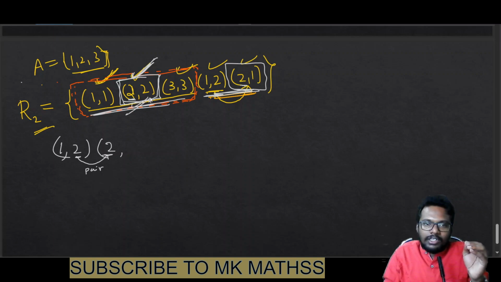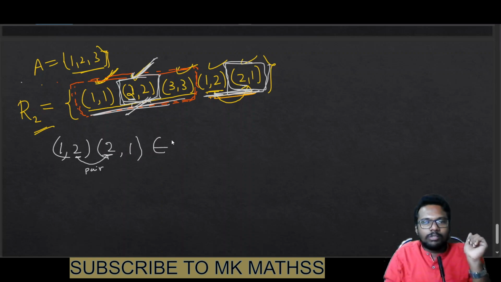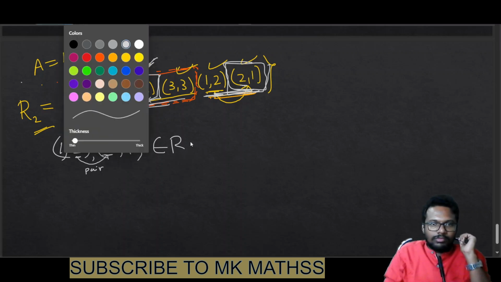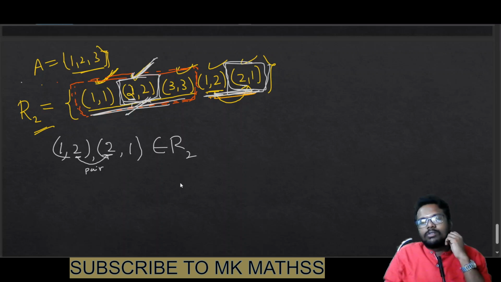If we neglect this part, we have only one ordered pair, 2 comma 1. So here I am going to write the ordered pair 2 comma 1. Both 1 comma 2 and 2 comma 1 belong to R2.